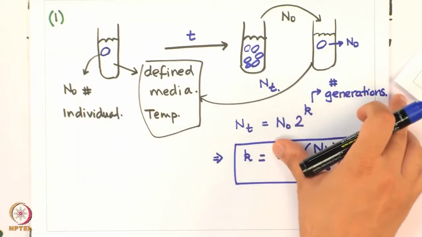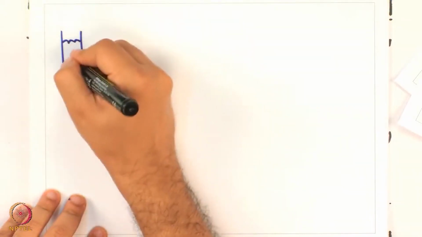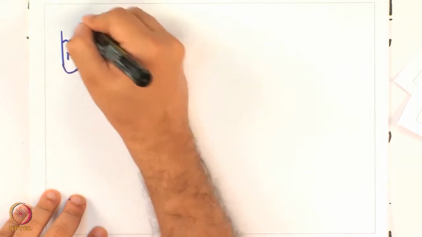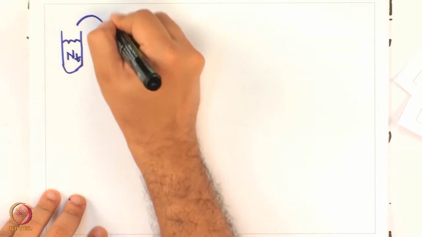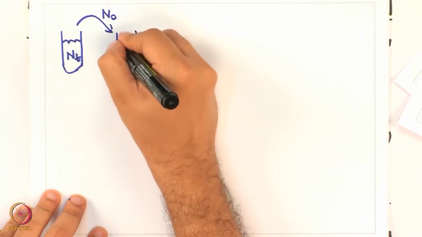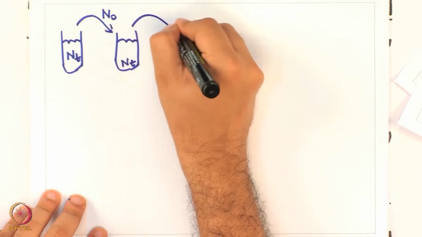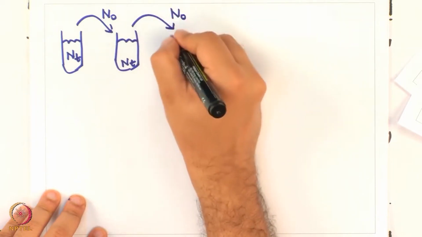And what is going to happen in this experiment can be simply represented by, you have tube number 1, growth takes place, number goes up to Nt, you transfer N0 to tube number 2, growth takes place and it goes to Nt, again you transfer N0, and so on and so forth.